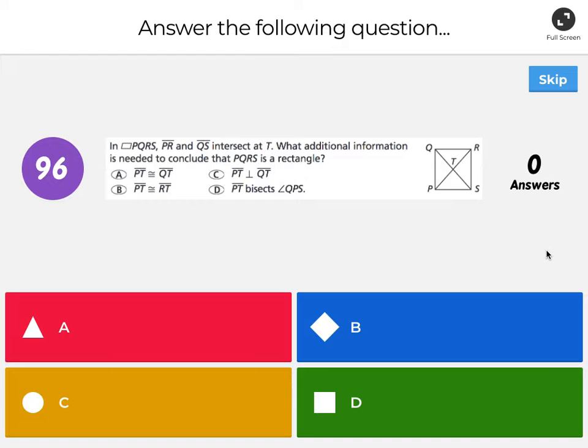Look on your sheets and try to figure out one of the conditions for a rectangle. The diagonals are what? Congruent. So which of those will tell you that the diagonals are congruent?